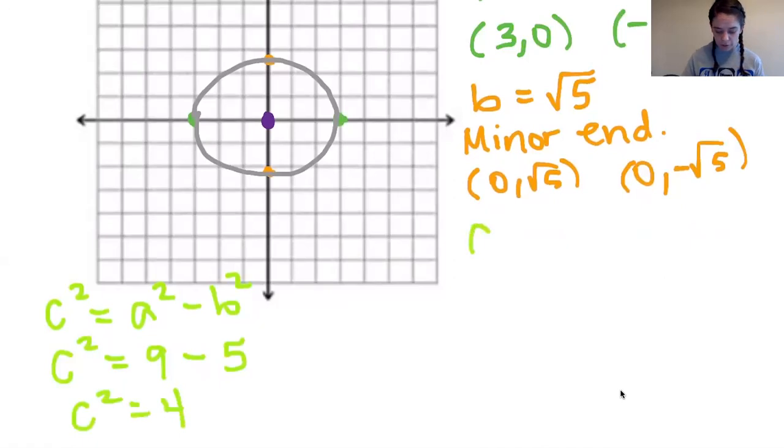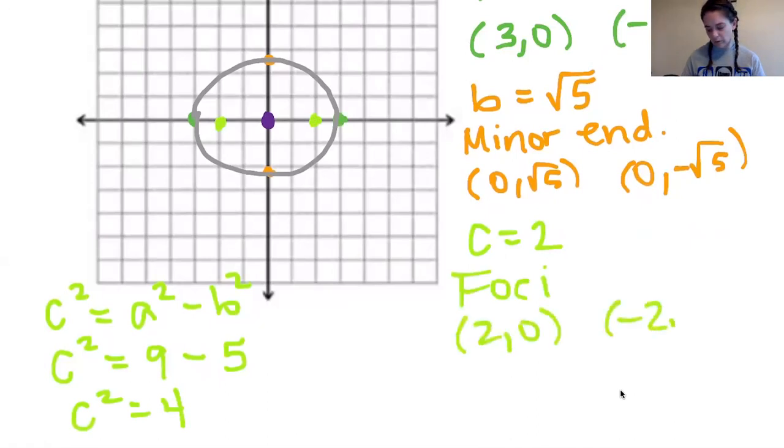All right, so we know that C is 2. Since this is a horizontal ellipse, we are going to go horizontally 2 from the center to plot those foci. So our foci are going to be at 2, 0 and negative 2, 0.